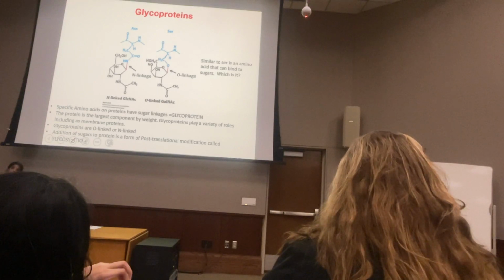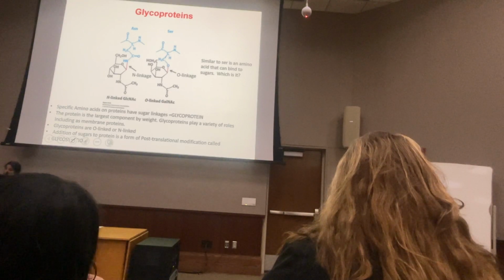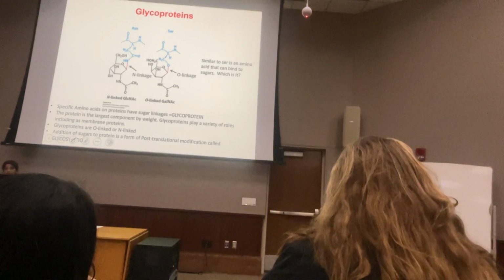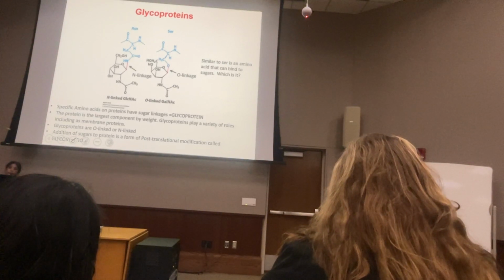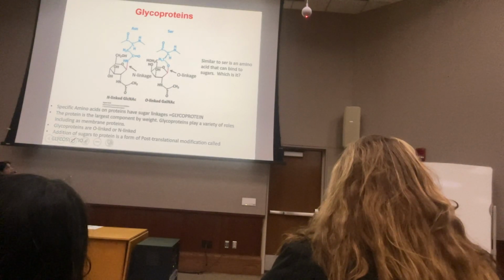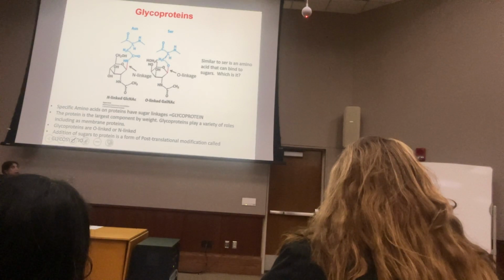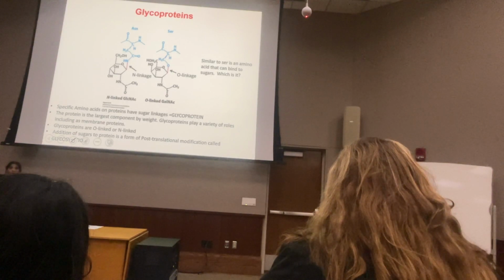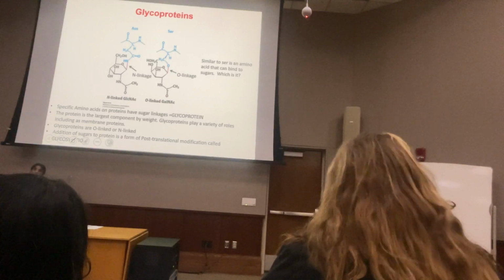You know that serine has an OH group, so serine would be one that would have an O-glycosidic bond. Here's your protein, and you know this is a serine. Here's your R group with an OH group to it, and that is linked to some specific sugar. You don't need to know the name of the sugar. But that protein has a serine, and there's a possibility that a sugar is attached to it.